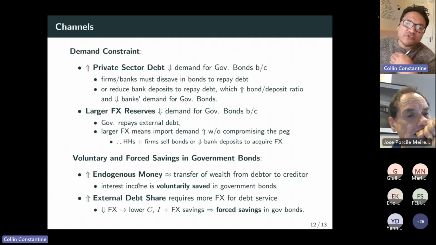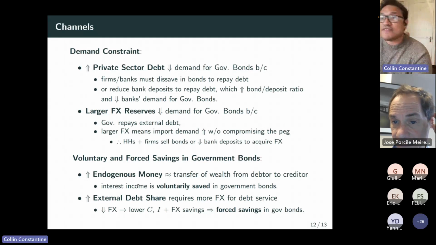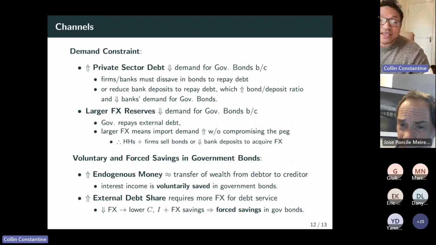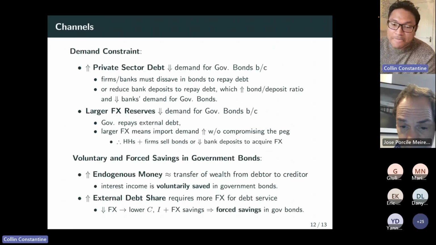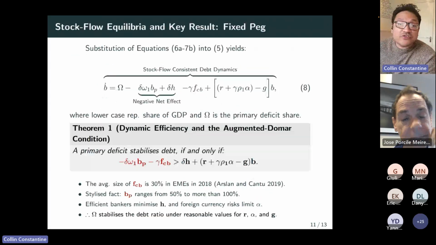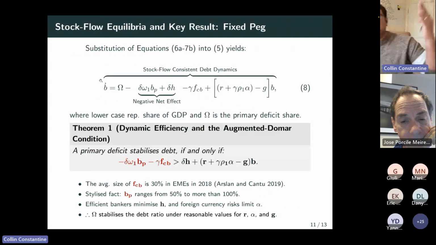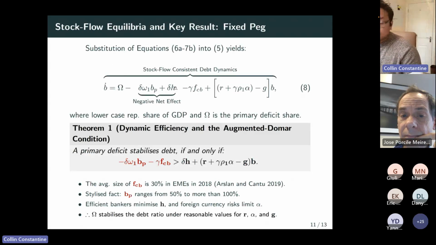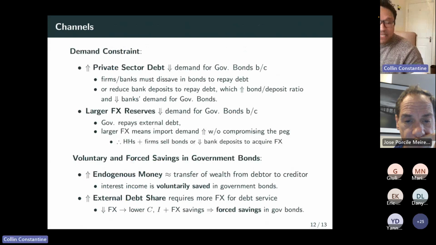So there's an increase in interest income, and we save that in many assets. All right. So that increased interest income will be saved in many assets, including government bonds. Right. So endogenous money, and that's why an increase in H accelerates the debt to GDP ratio. And again, this is not money creation in the standard sense, or monetization of the deficits.